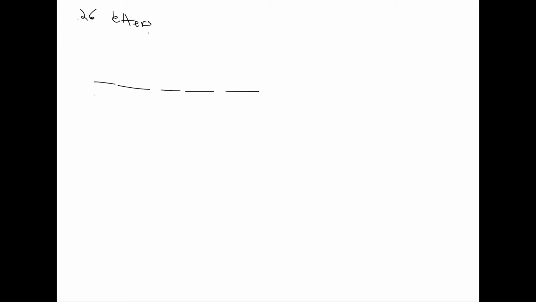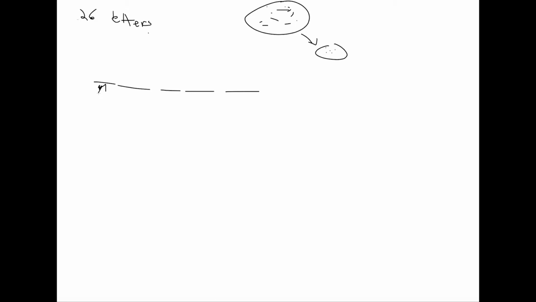So basically we're taking all of these 26 letters, and we're taking 5 of them, 1, 2, 3, 4, 5. And we're seeing how many different ways we can take 5 out and reorganize them.